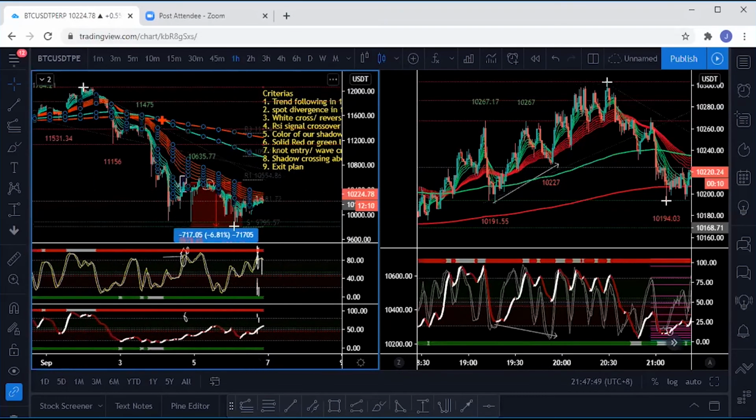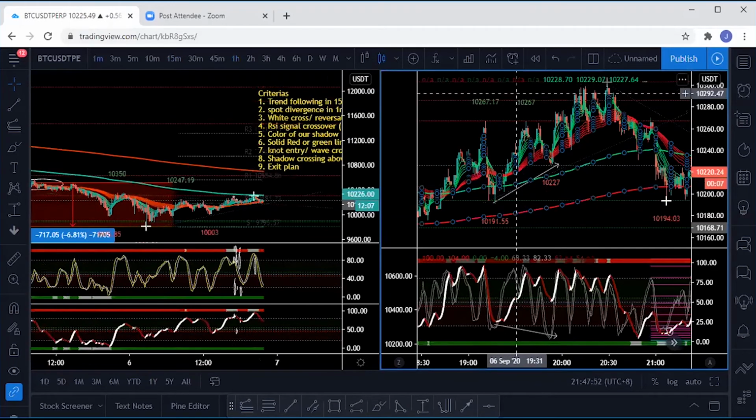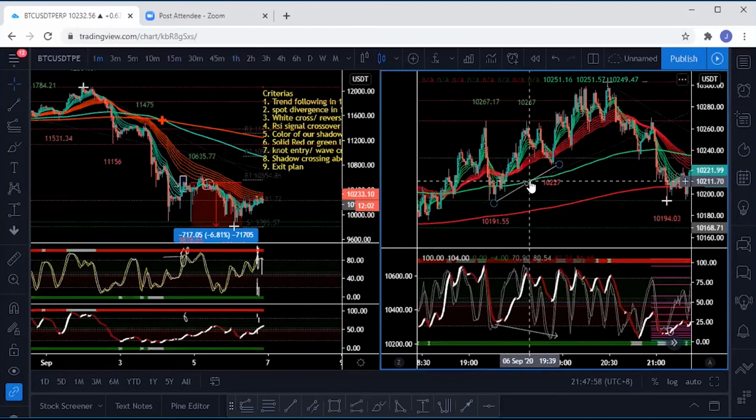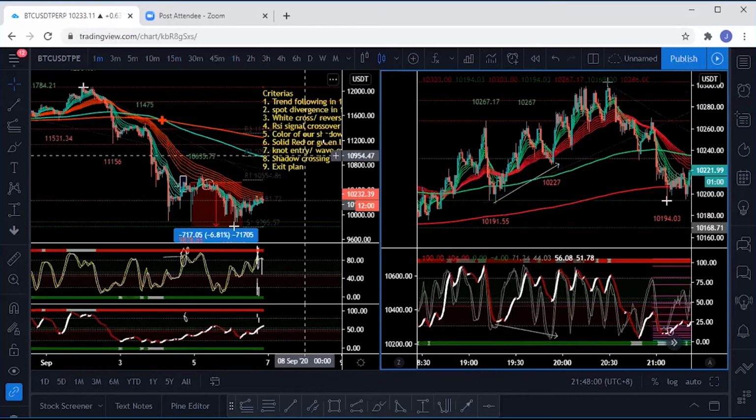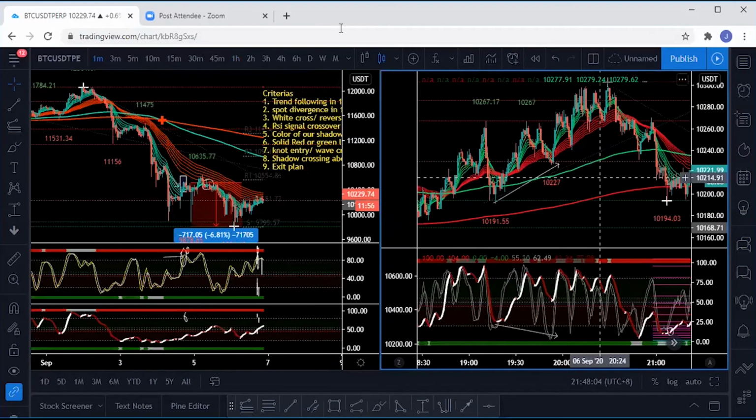This is a 15 minutes and this is my 1 hour. What I do in my 1 hour time frame is to spot all these criteria, and then I exit on the 15 minutes time frame. For example, in 1 hour time frame, there is a bearish divergence.